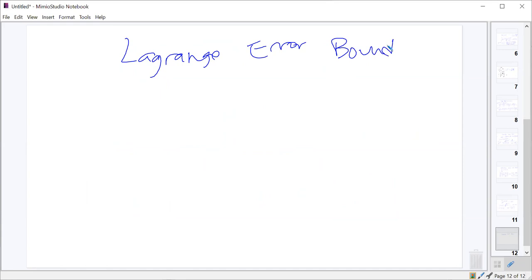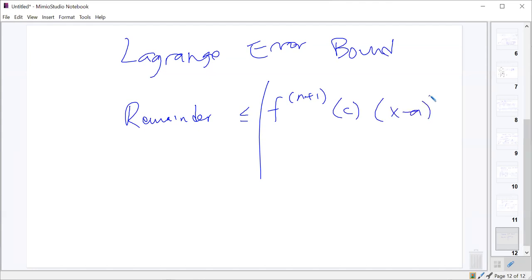And it's going to tell us that that remainder is always less than or equal to the next derivative, in absolute value, the next derivative that we would have used for creating that Taylor polynomial, evaluated at some value of c, where c is between x and a, between the x value we're evaluating at and the a value that we're centered around, times x minus a to the n plus 1 over n plus 1 factorial.